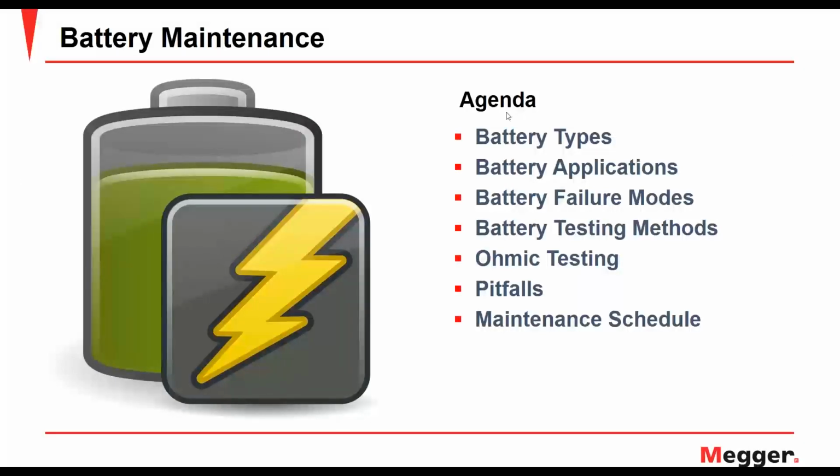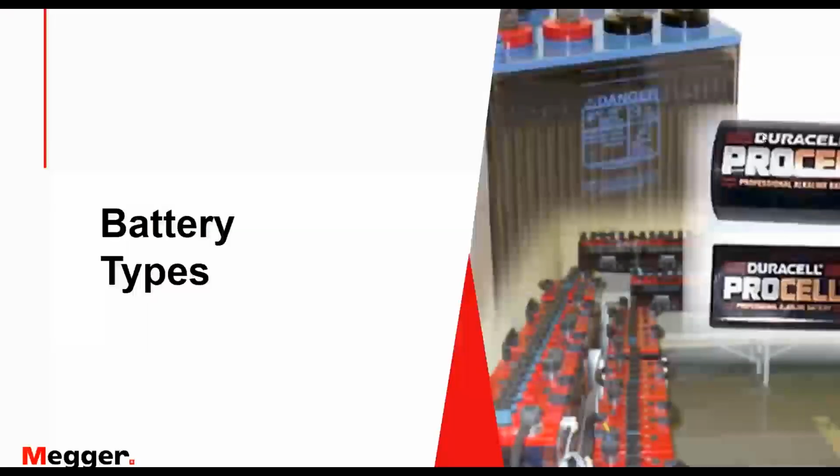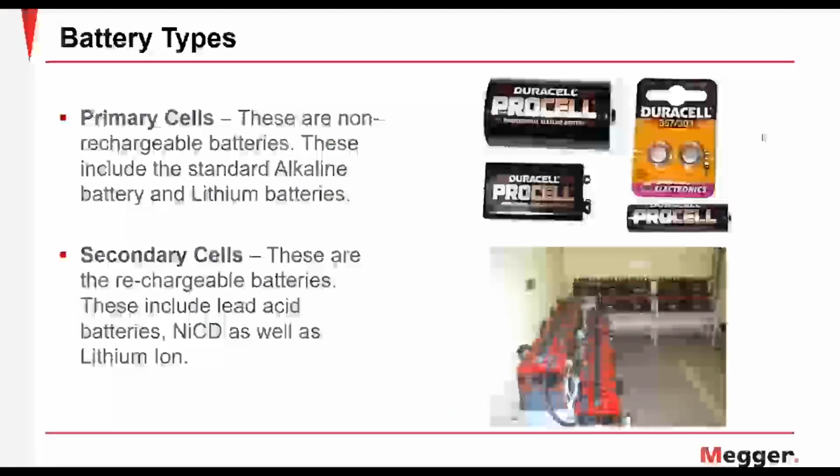So without further ado, let's start with battery types. Basically, battery types come in two kinds, primary cells and secondary cells. Primary cells are the non-rechargeable batteries that we use in our everyday life. From the name primary, that means once they are manufactured, they are ready to use.